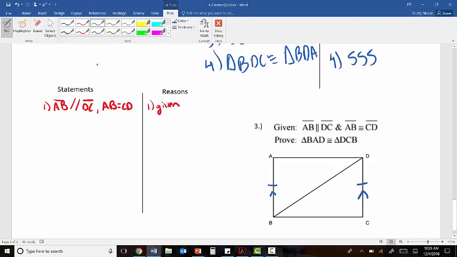So anytime in these proofs you see parallel lines, you will have to use alternate interior angles rules. So anytime you see parallel, you need to think alternate interior because at some point we're going to need that fact. So right now you have side. That's all you got, an S for each triangle.